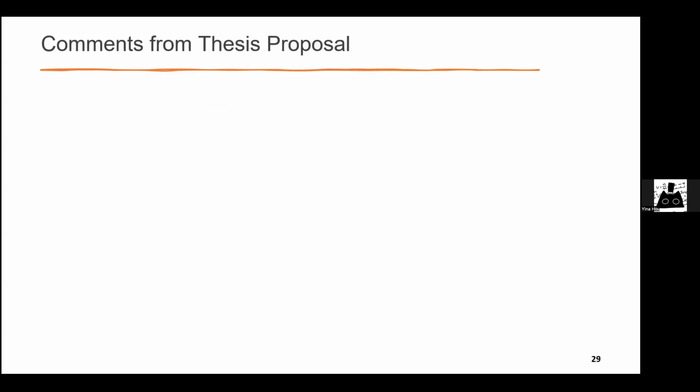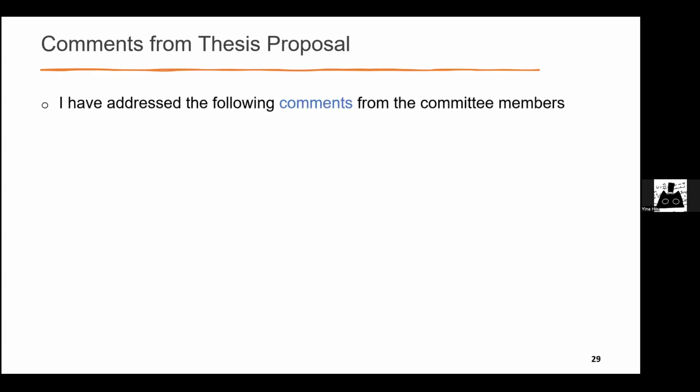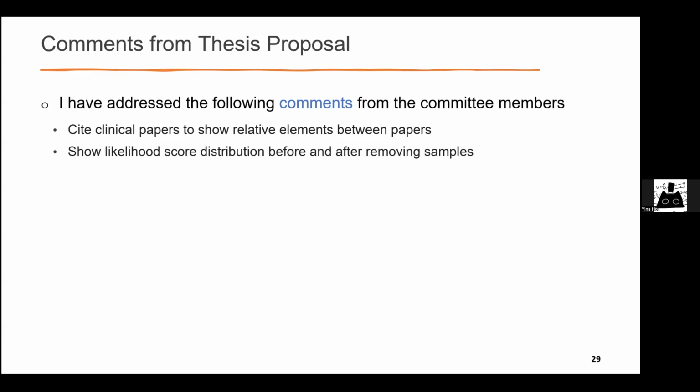We addressed the following comments from the thesis proposal defense. First, we cite clinical papers to show relevant elements between papers. Second, we show the likelihood score distribution before and after removing misclassified samples, instead of only keeping the likelihood score distribution.